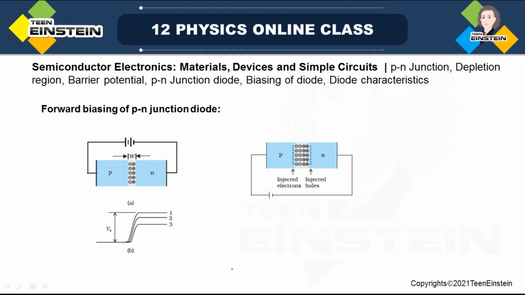How will it decrease? Suppose voltage V is applied here, so it becomes V0 minus V. This is how the barrier potential height is decreased, and hence conductivity will be increasing.